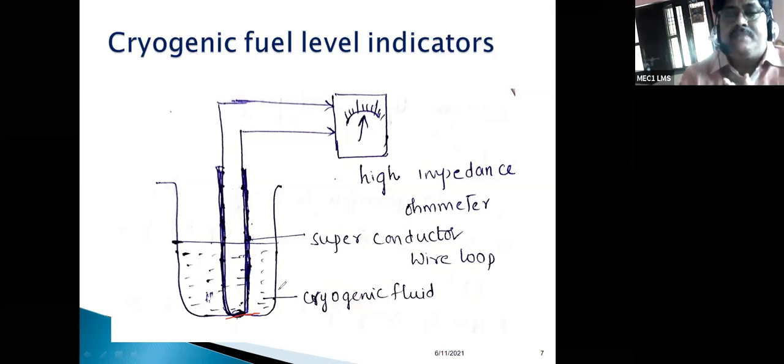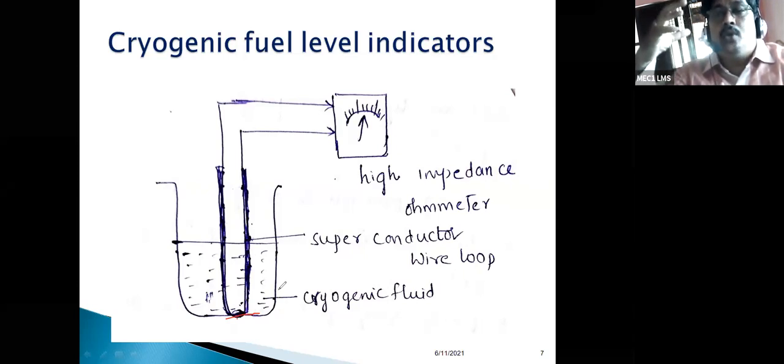What happens, for example, is that a gas in a gaseous state will be converted into a liquid state. So for that, we can measure the level of that fuel, which is in the form of a liquid. All of you know that when the temperature increases for a particular liquid fuel, it converts into gas, right?